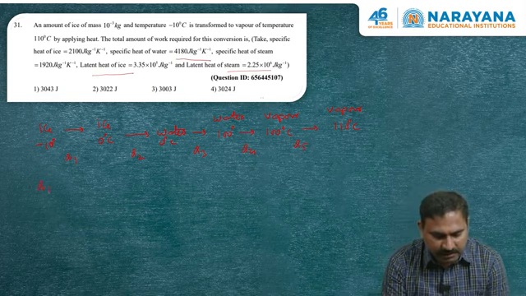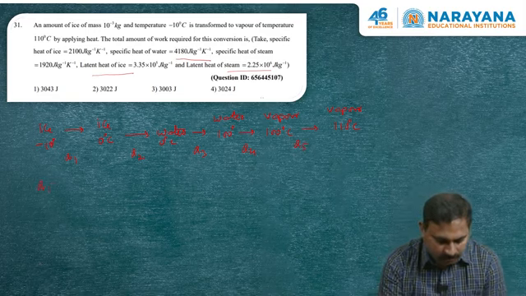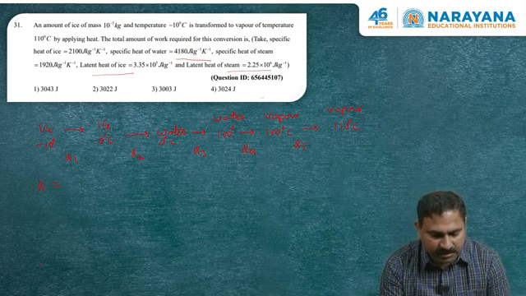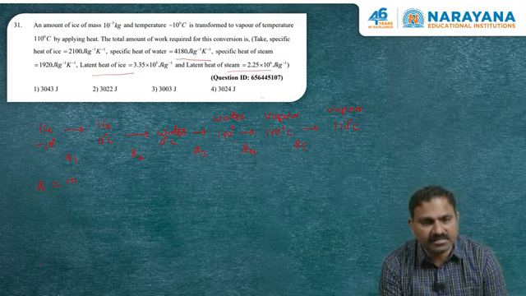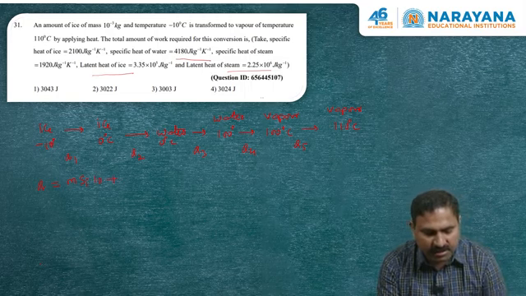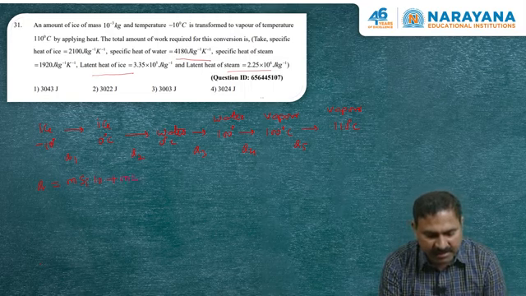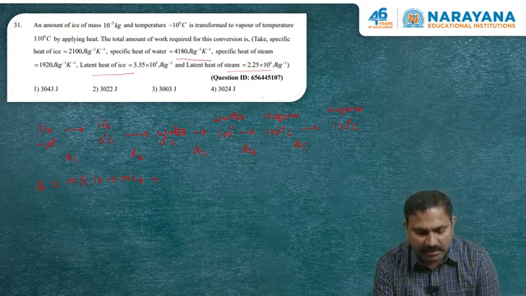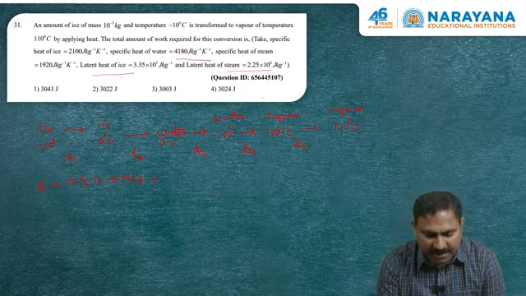So total heat Q equal to sum of all these, where Q1 is from ice to ice, that is from minus 10 to 0 degrees centigrade. So rise of temperature is 0 minus of minus 10, that is 10. So m into specific heat of ice into rise of temperature 10, plus, now ice to water at 0 degrees centigrade, m into latent heat of fusion, plus water to water 0 to 100 degrees centigrade.